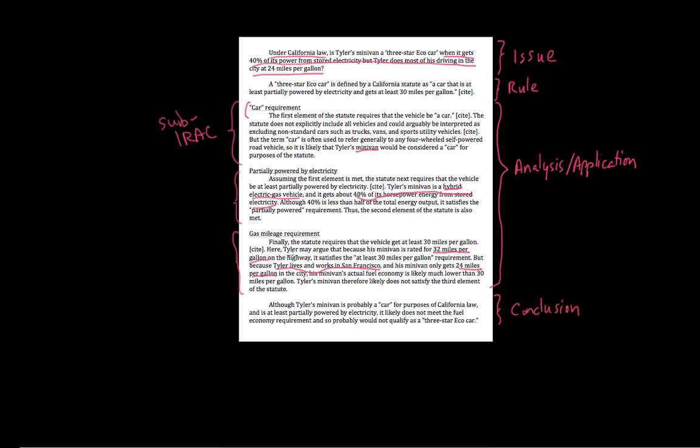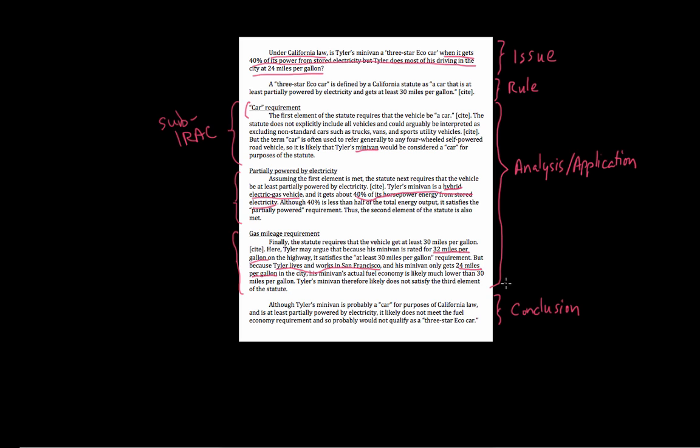This sub-issue is whether the vehicle gets at least 30 miles per gallon. So analysis can often consist of sub-analyses. And each sub-analysis will follow the IRAC form. We sometimes call it a sub-issue, a sub-IRAC, sub-analysis, but it's all referring to the same thing. These are all parts of our overall analysis.